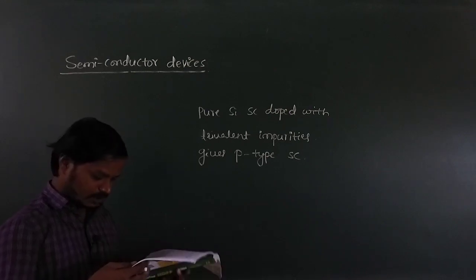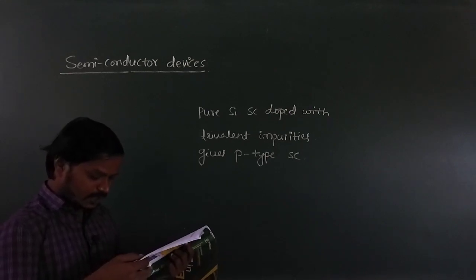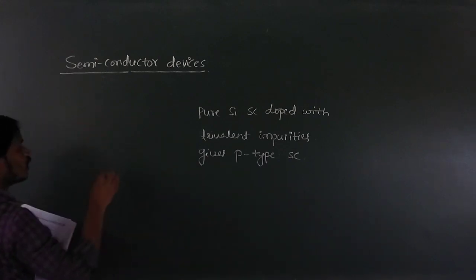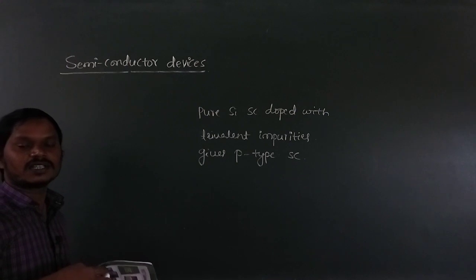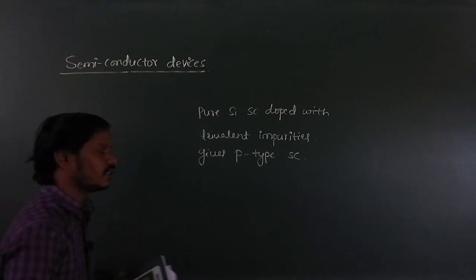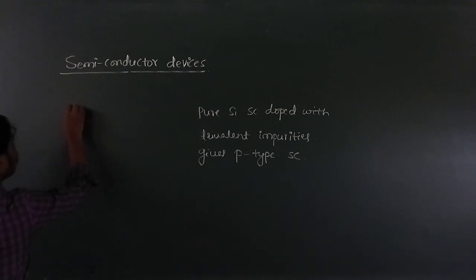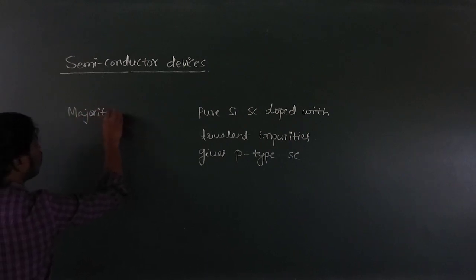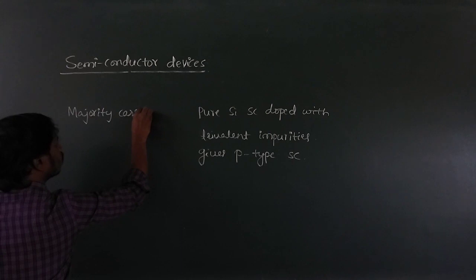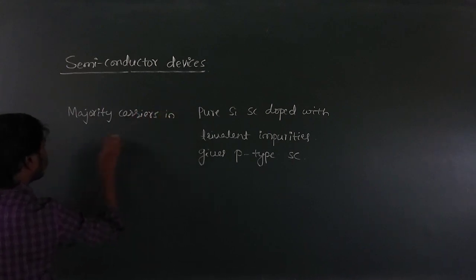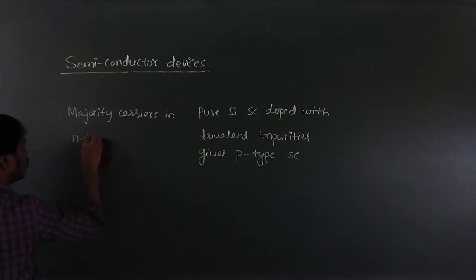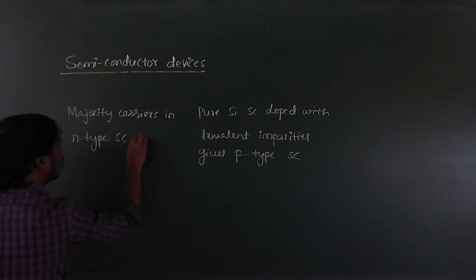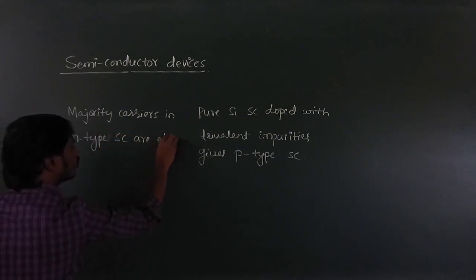Then the second statement: majority carriers in an n-type semiconductor are holes. So what are the majority carriers in an n-type semiconductor and what are the majority carriers in a p-type semiconductor? Majority carriers in an n-type semiconductor are electrons.